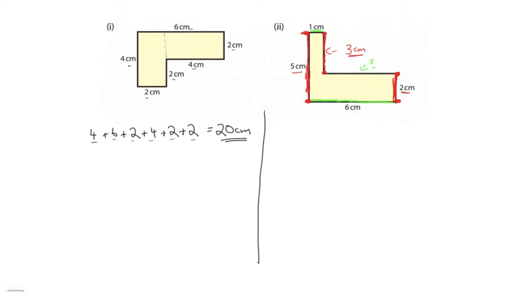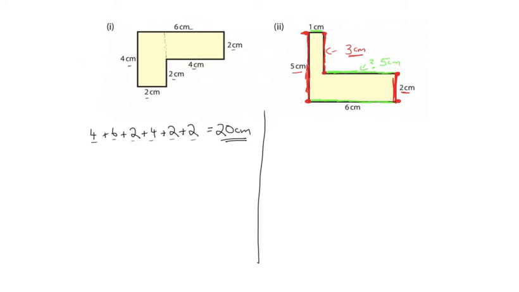And then on the bottom, we have this end here, which is 6 centimeters. And up the top, we have a little line, which is 1 centimeter. Okay, so the rest of this line, if the little bit here at the top is 1 centimeter, the rest of this line must be what's left, the difference between 1 centimeter and 6 centimeters. So that would be 5 centimeters, wouldn't it?